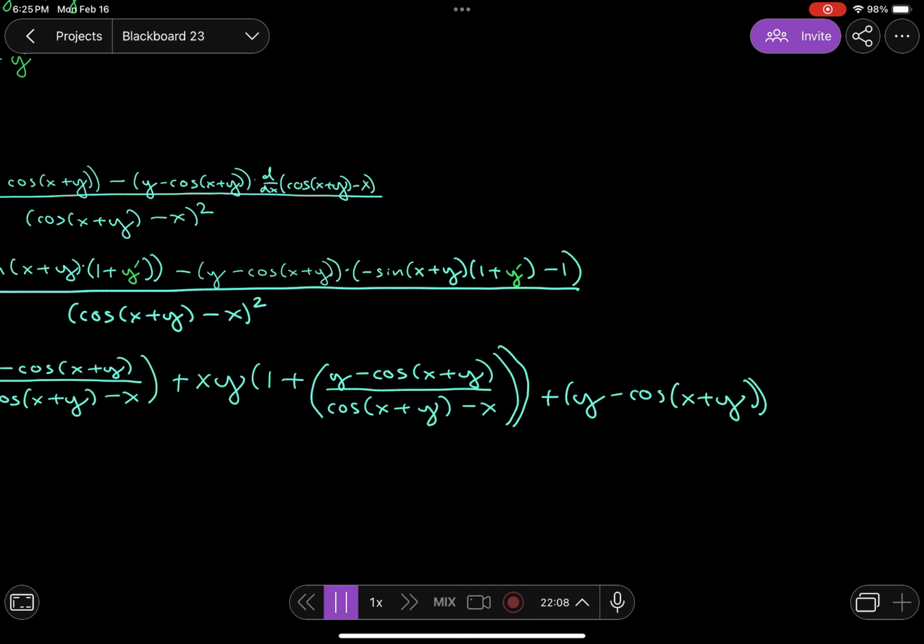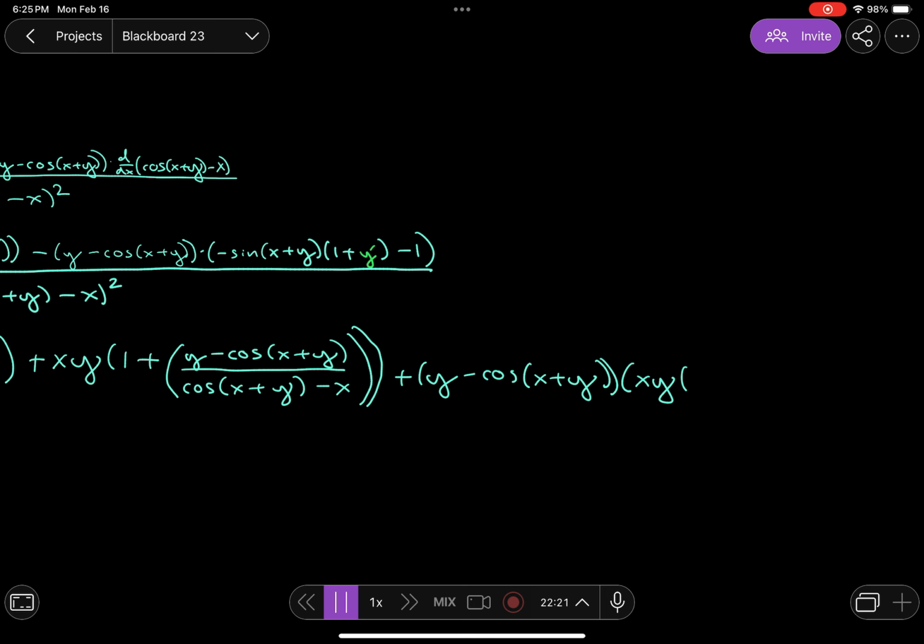This negative got annihilated by this negative, and so did this negative. And also remember that sine of x plus y is the same thing as x times y. So right here, what I have is xy times 1 plus y prime, but this is y prime. So here we go, and we're almost done.